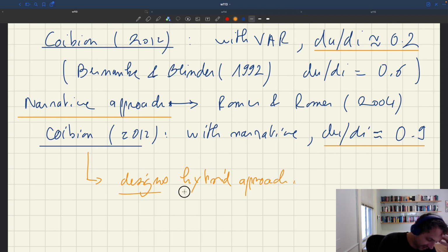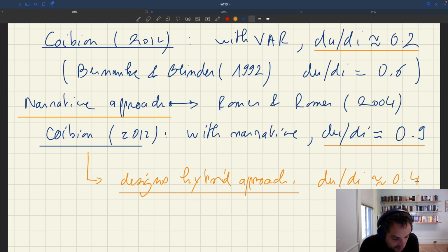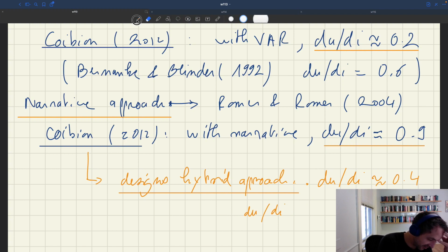And there, what he finds is that once he uses that hybrid approach that mixes VAR and the narrative approach, he gets a multiplier of du/di equal to 0.4. So actually in between 0.2 and 0.9. And then he runs a bunch of robustness checks. And overall what he finds is that the multiplier always falls across different specifications in a fairly narrow range.